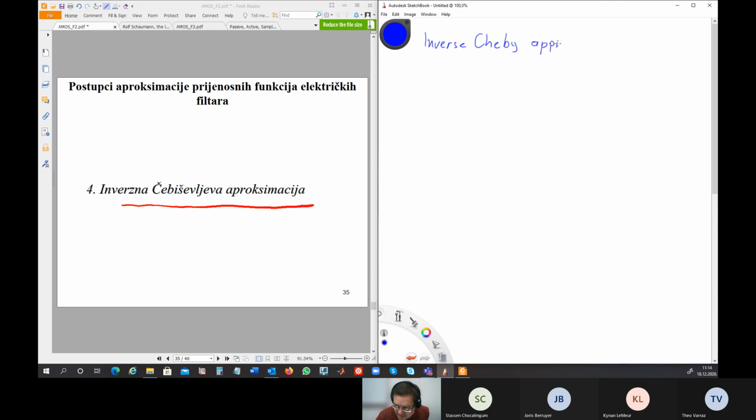Inverse Chebyshev approximation. It can be derived in 3 steps.